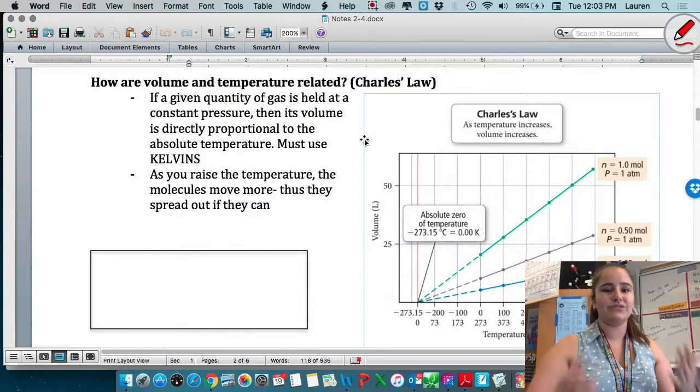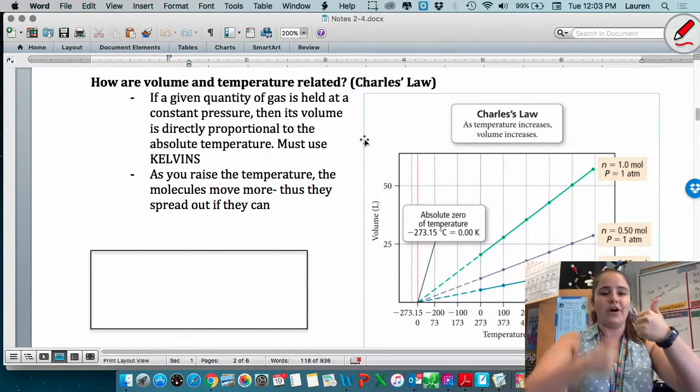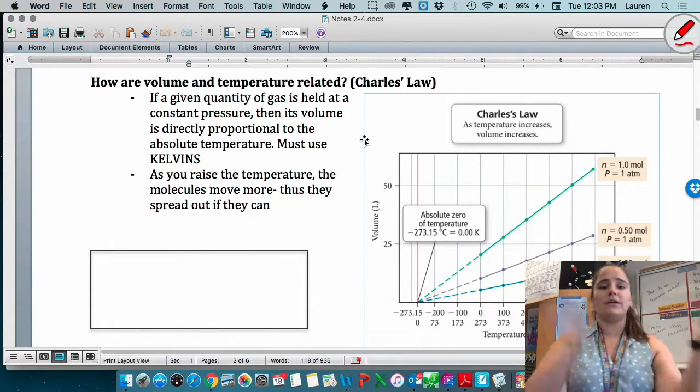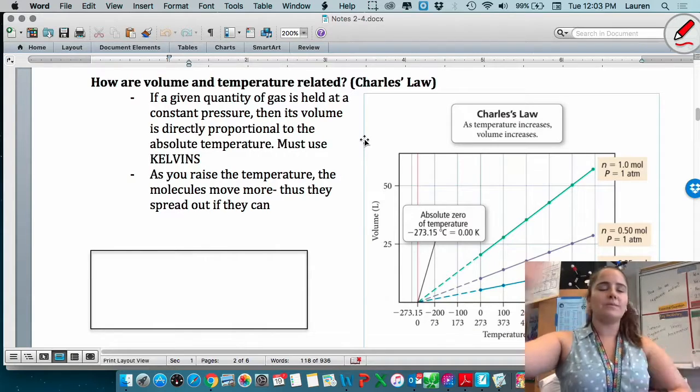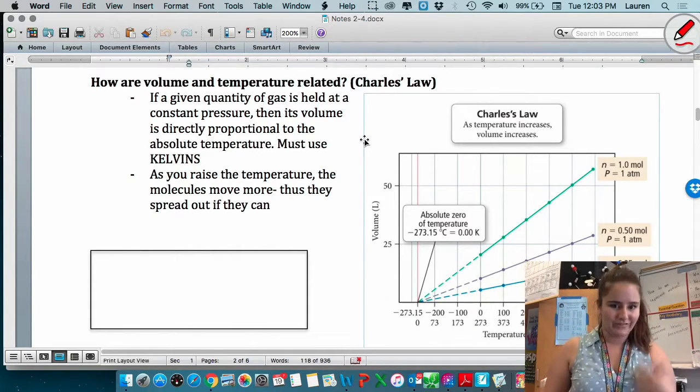These two things are directly proportional. As the temperature goes up, the volume goes up, which makes sense. If the temperature goes up, the molecules are moving around more, and they're going to try to hit the walls of their container, which is going to move those walls out, if they can.